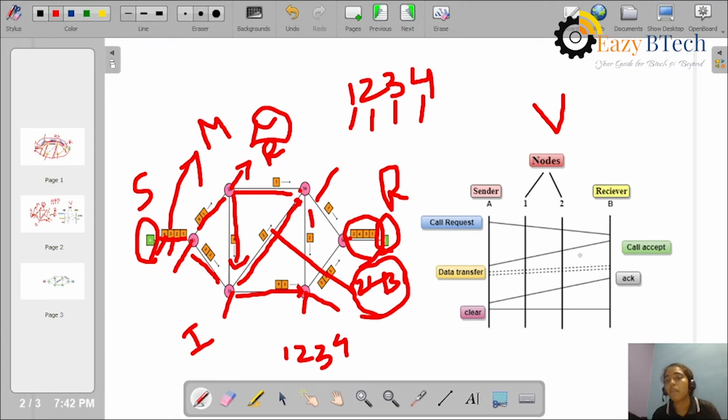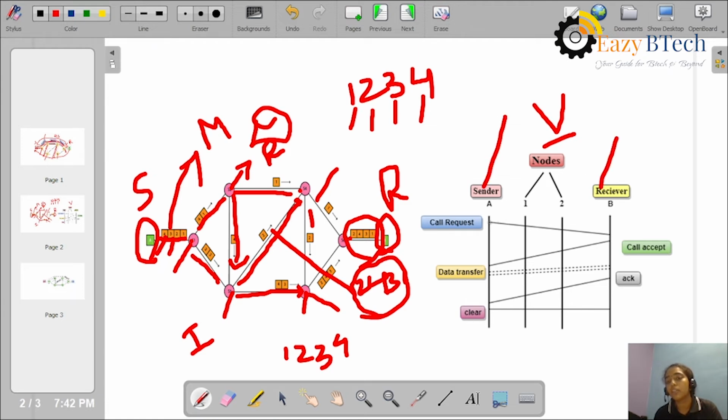Next come to virtual circuit switching. See, virtual circuit switching means, we already discussed, one special path or one dedicated path. It is connection oriented. One path is established here. So before sending, okay, this is the sender and this is the receiver.